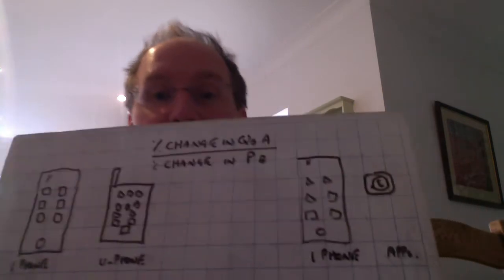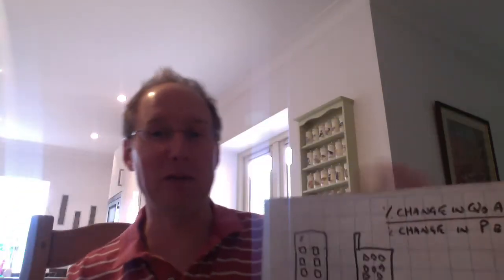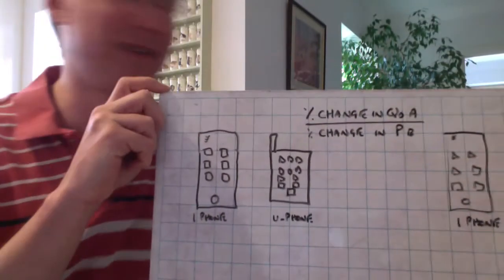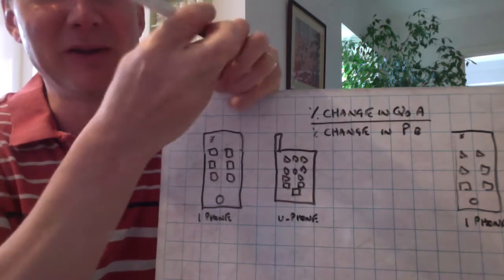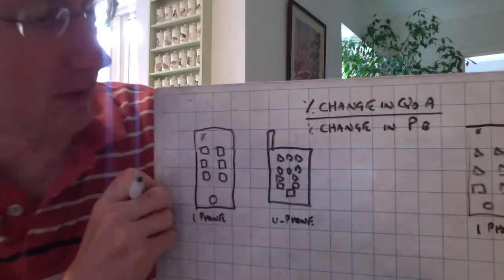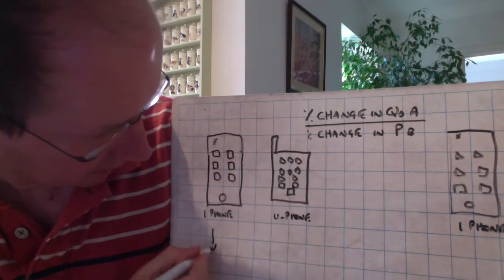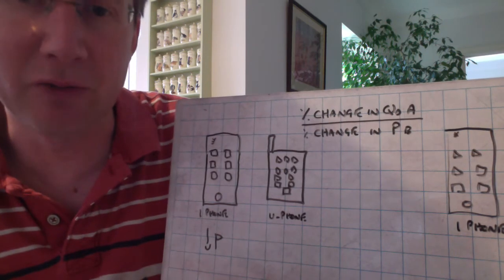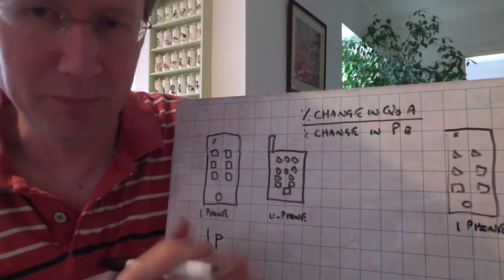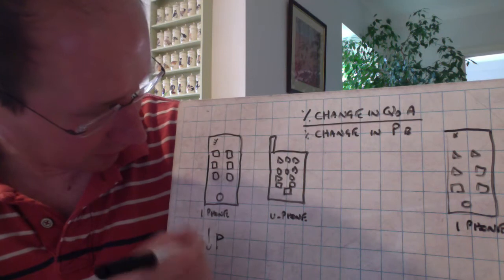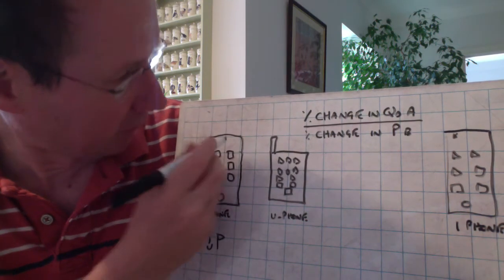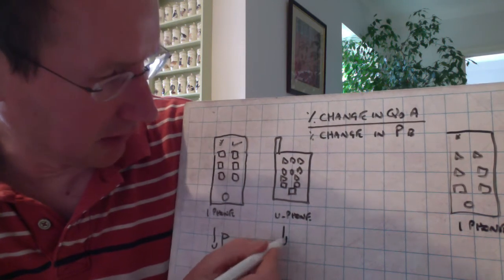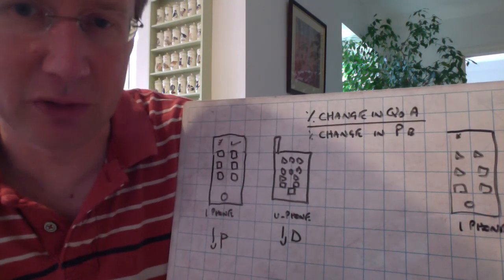One possible relationship is between the iPhone, as shown here, and the U phone. Let's suppose, for the sake of argument, that there is a decrease in the price of iPhones. Then what's going to happen to the demand for other brands of phones? The key thing to remember is that because the price of iPhone goes down, there's more demand for iPhones, but therefore there will be a decrease in the demand for alternative products.